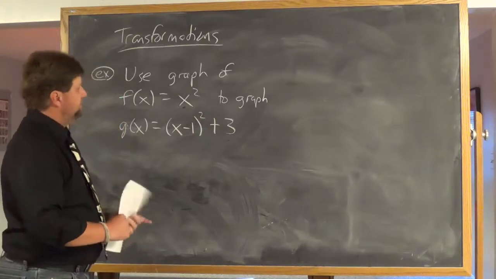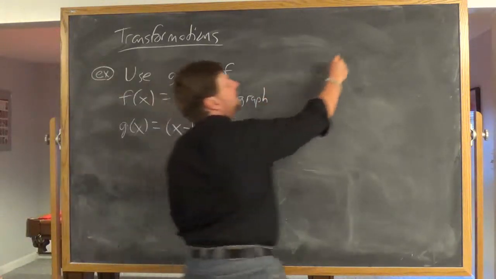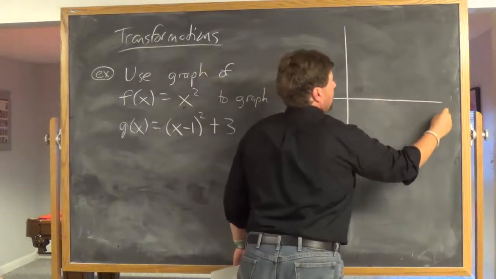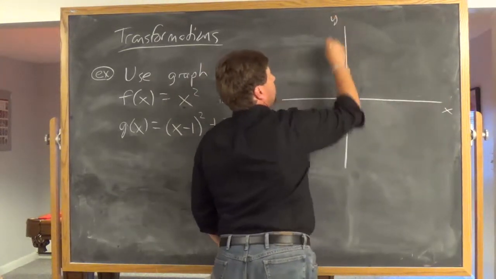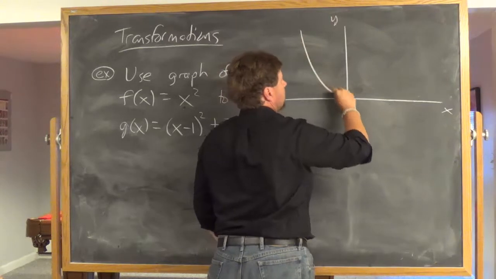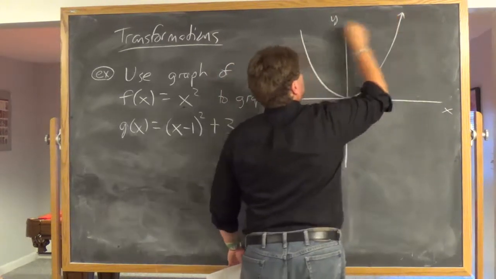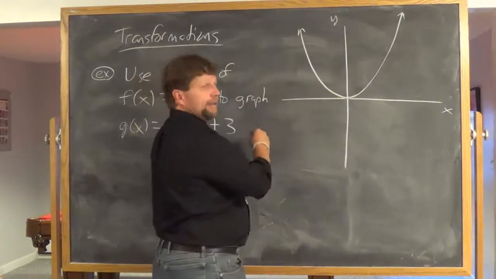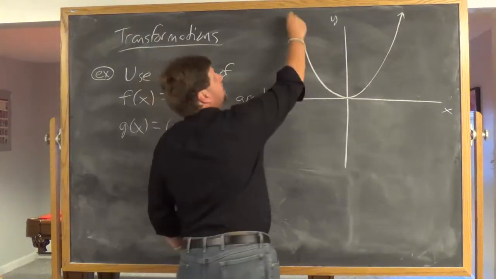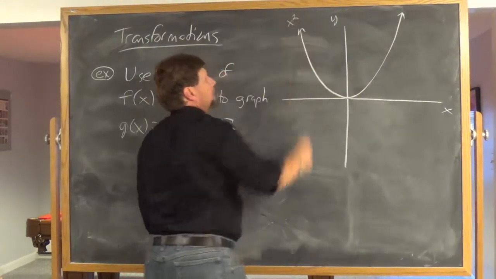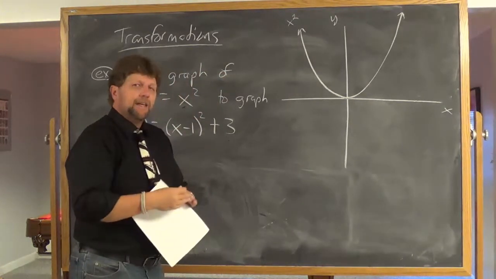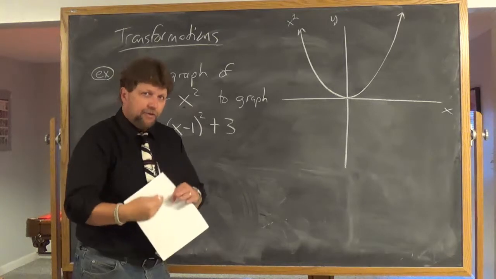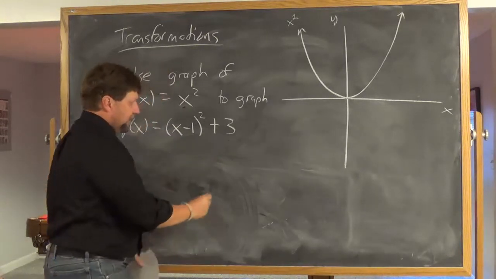So if I come over here and I sketch the graph of x squared, so I'll say that's the graph of x squared, and that's a pretty good graph for me. If I do it in stages, and that's kind of what the transformation should be all about, is doing it in stages.